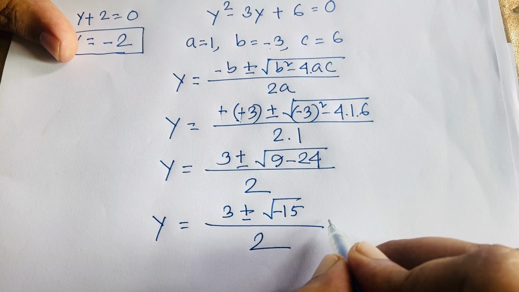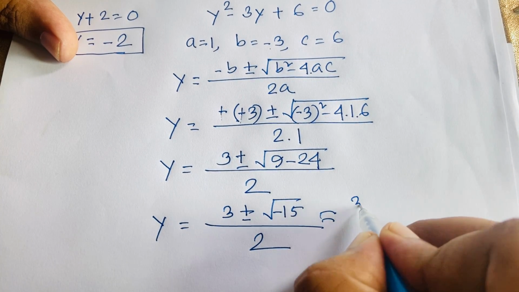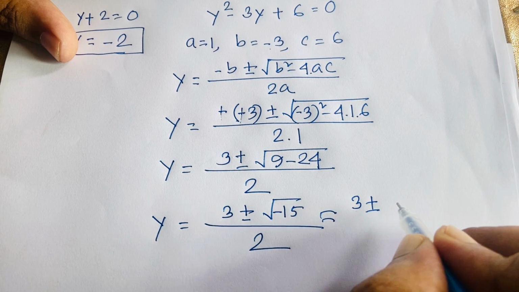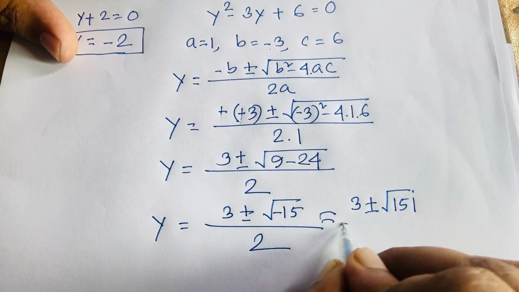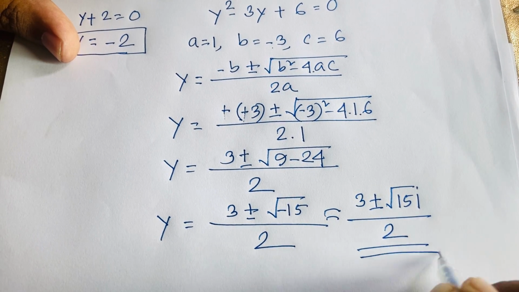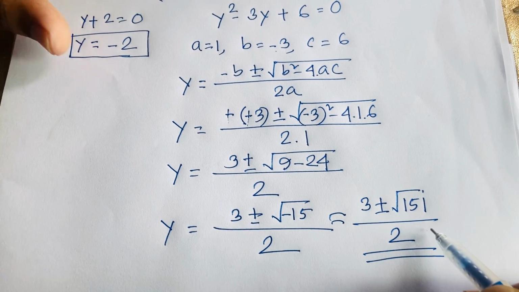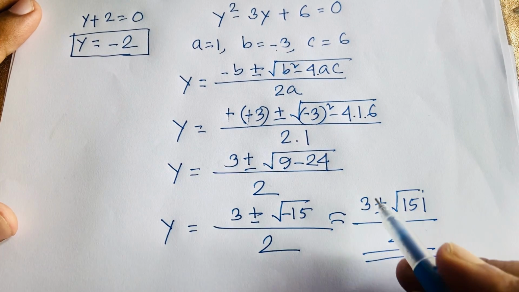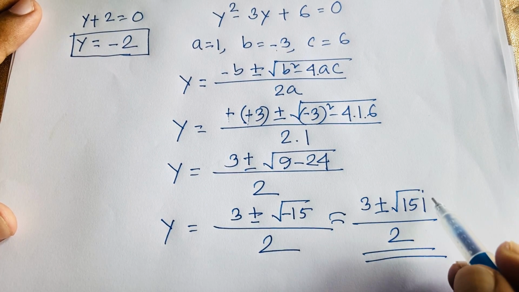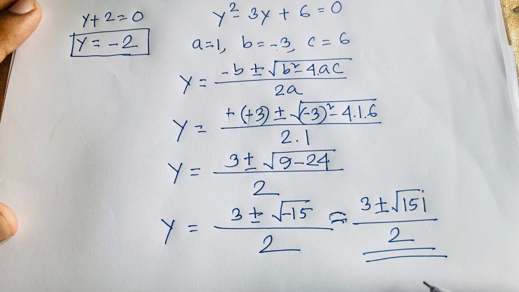So I can say easily it will be 3 plus minus square root 15i over 2. This is our final answer. This is the complex part and this is the real part. So we'll find x is equal to minus 2, x is equal to 3 plus minus square root 15i over 2. This is our final answer.